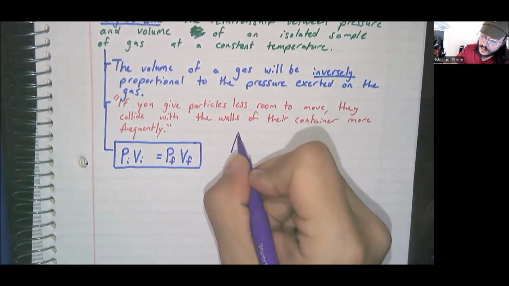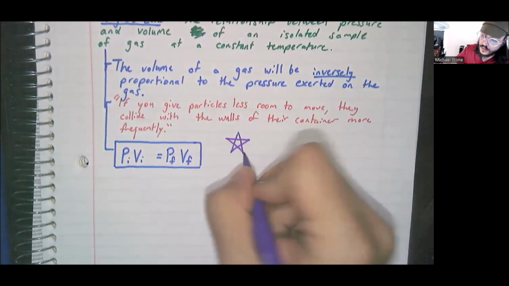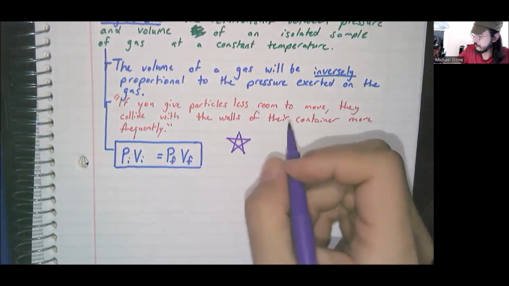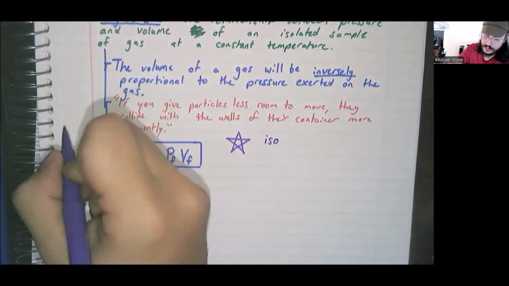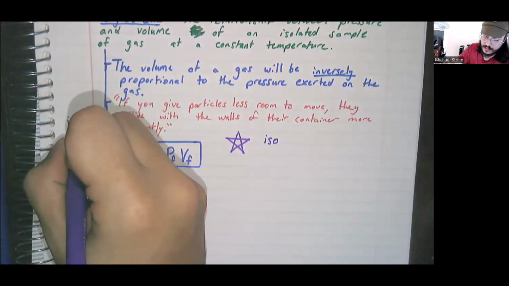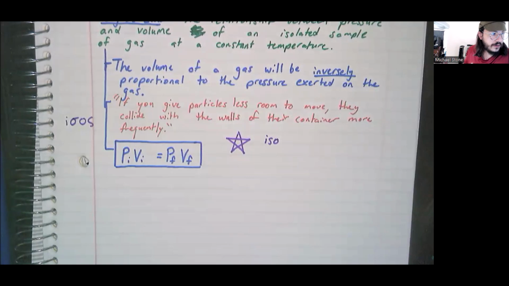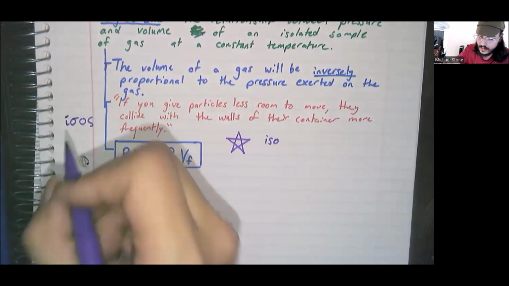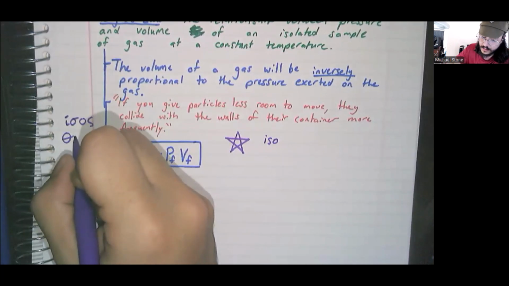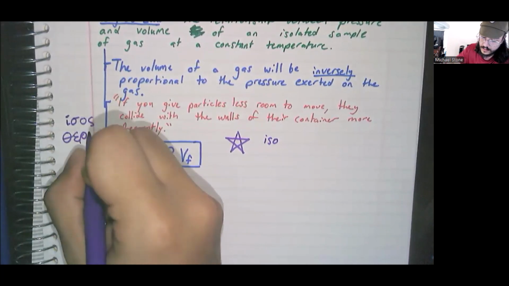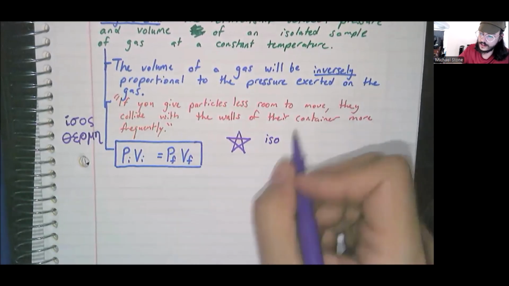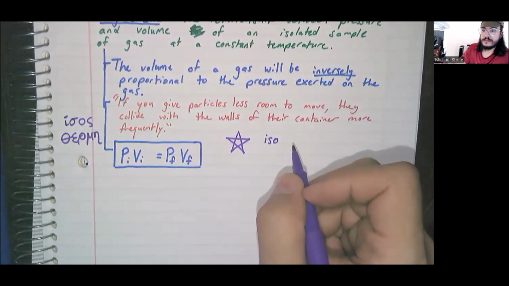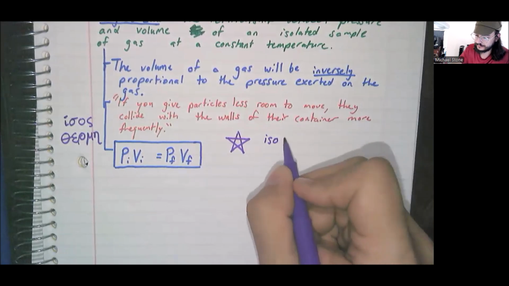We even have a word for constant temperature processes that act on a gas. Iso, from the Greek isos, and therme, isotherme, as in solitary heat.